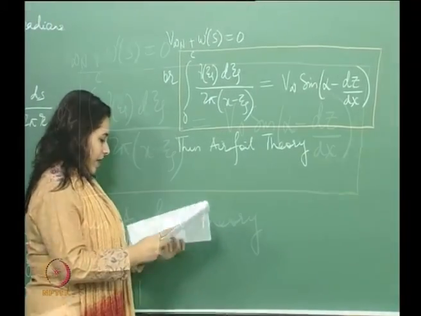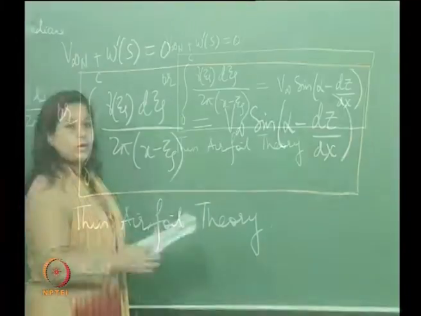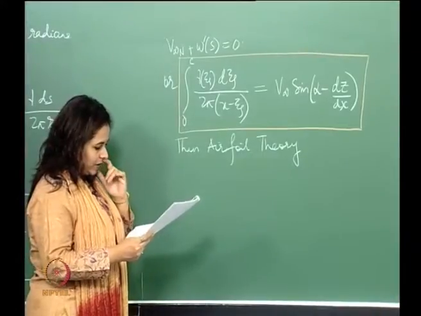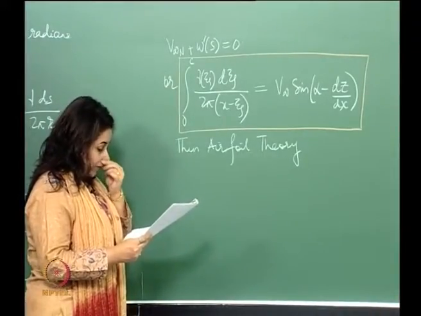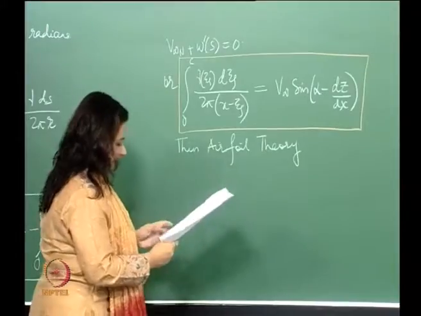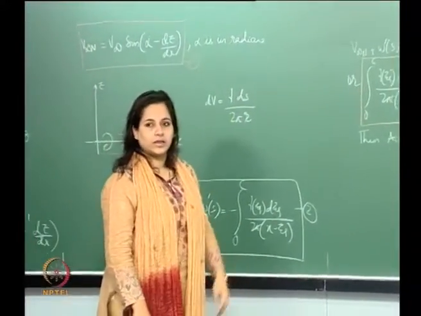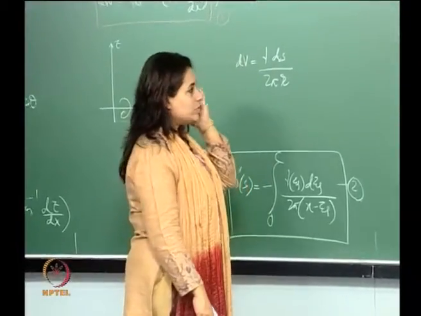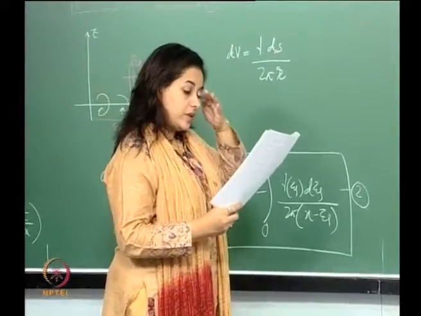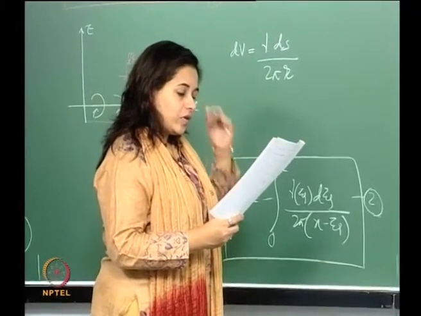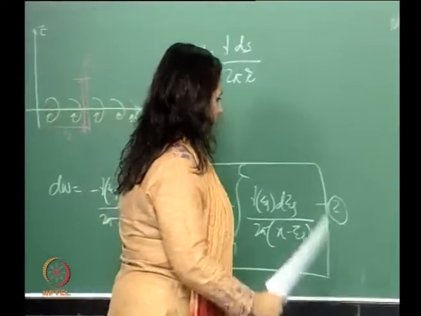Now let us go back therefore to the problem that we were trying to solve. When we set out to solve this, we wanted to see how we will use this linearized theory to get the coefficient of lift and drag for the flat plate.